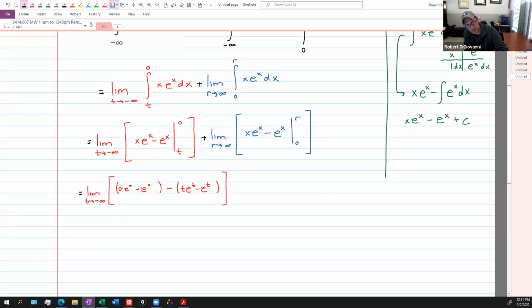And then plus now another limit, r goes to infinity. I'm going to subtract 2 things here. Plug in r e to the r minus e to the r, and then the other one is 0 times e to the 0 minus e to the 0.